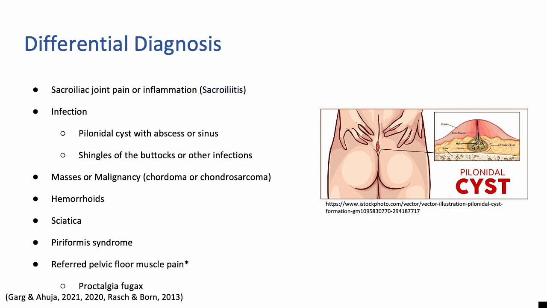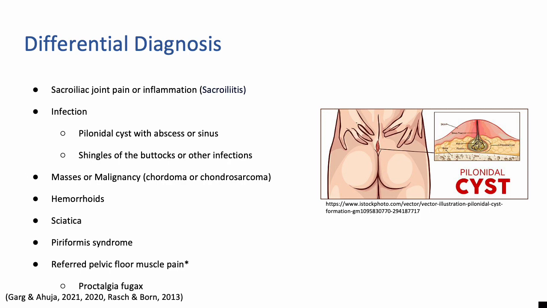There's also shingles of the buttocks or other infections, masses and malignancies, hemorrhoids, right, because hemorrhoids are very close to the tailbone, sciatica, piriformis syndrome, and pain referred from the pelvic floor muscles.